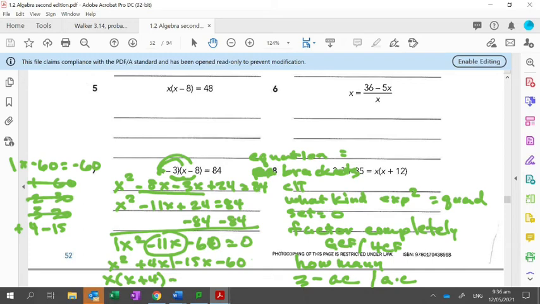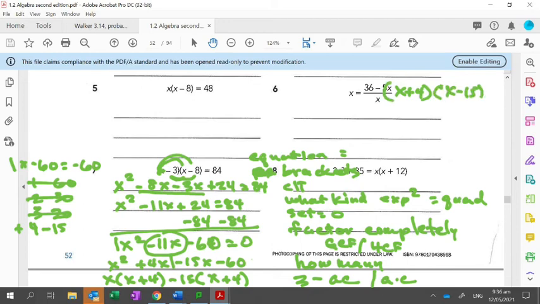Bring down the sign of the third term, which in this case is the negative. 15 and 60 will both divide by 15, which will divide out to give us x plus 4. Do the brackets match? Yes, and they have to. So I have x plus 4 in the first bracket and x minus 15 in the second one.